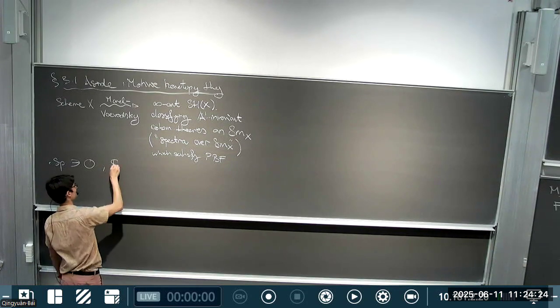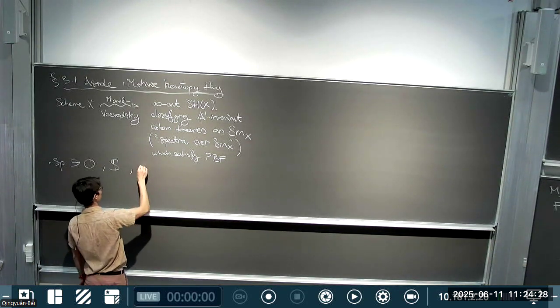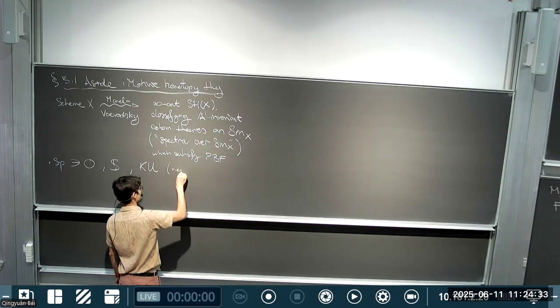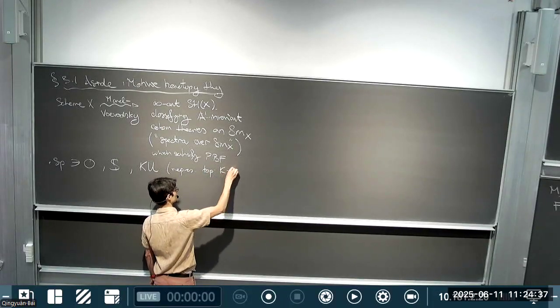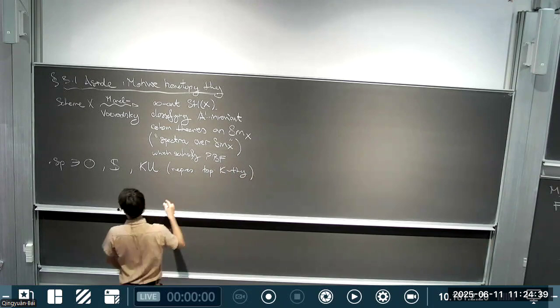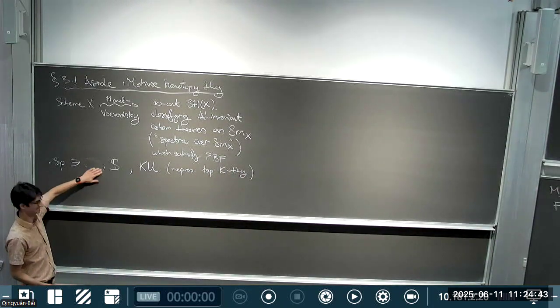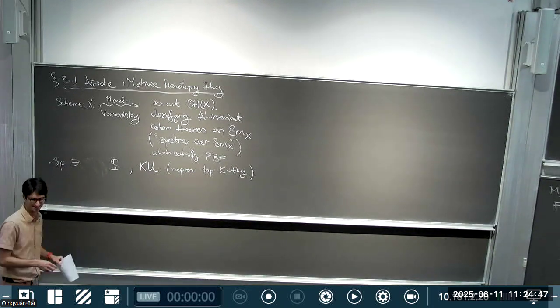My next favorite is the sphere spectrum. And then my third favorite is KU. So KU is the gadget which represents topological K-theory. And how are these related? If you don't mind, I'm going to forget about this one. How are these related?